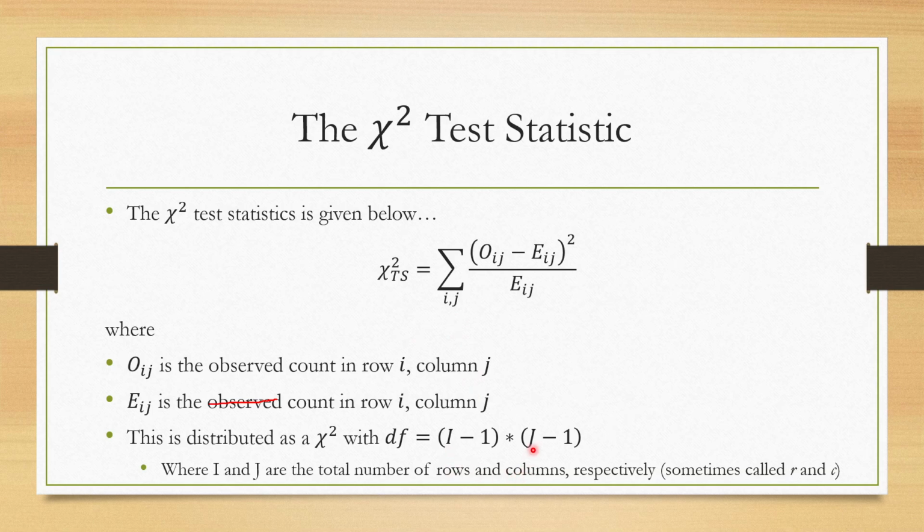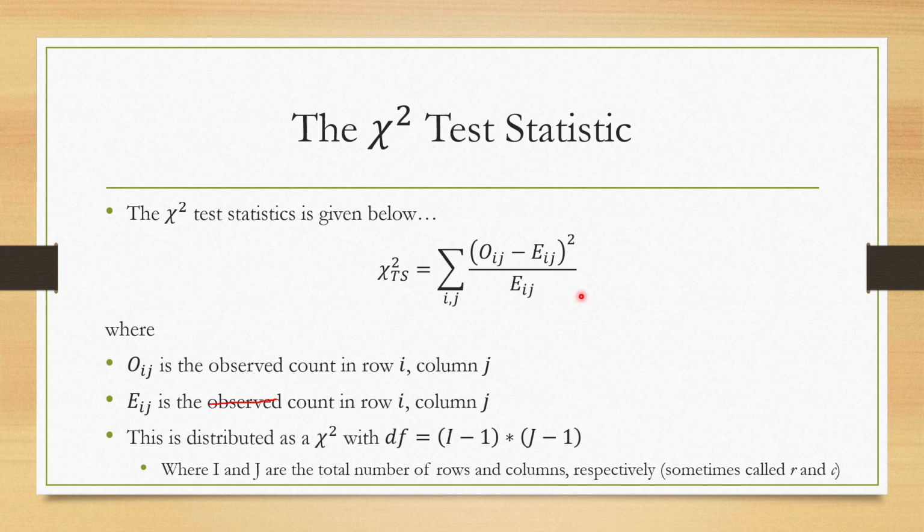The capital I and capital J are asking how many rows and how many columns. So capital I is how many rows did you have? Capital J is how many columns did you have? And so for the chi-squared degrees of freedom, we take the number of rows you had minus 1, the number of columns you had minus 1, and multiply those two numbers together, and that gives us our degrees of freedom.